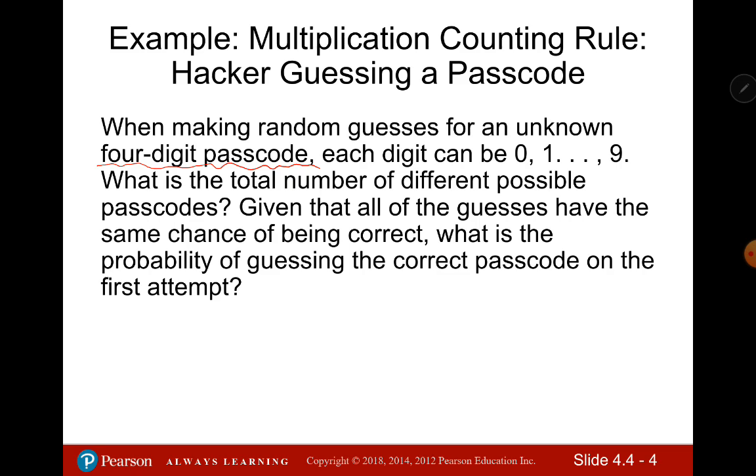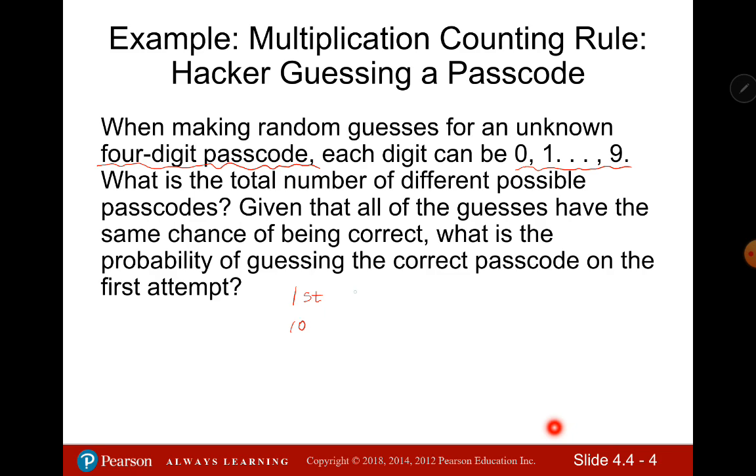So we have 4 events in this sequence. For the first event, we try to guess the first digit, and we have 10 different digits, from 0 to 9. So the first digit can happen in 10 different ways.